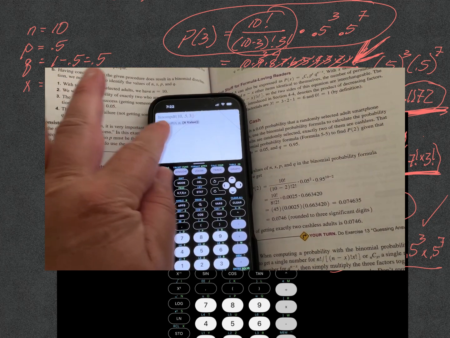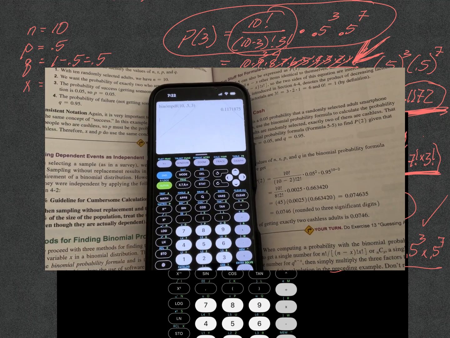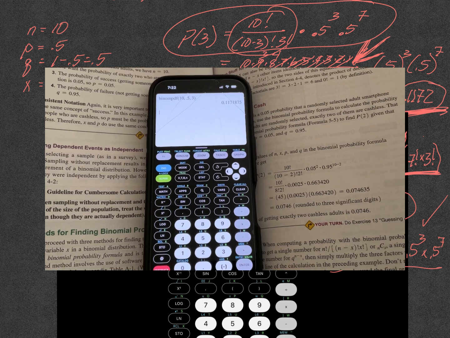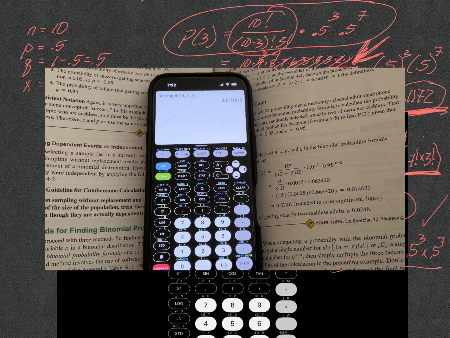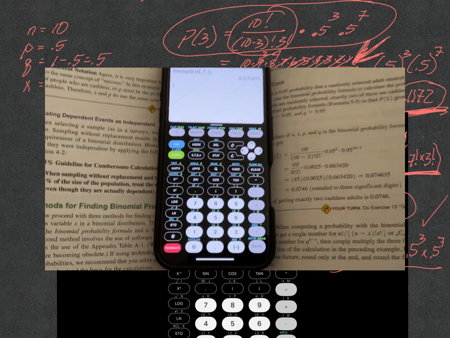Once I type that in, I can press enter, and you will notice that I get the same probability that I got from before, 0.1172. So now you know the methods of finding the probabilities.